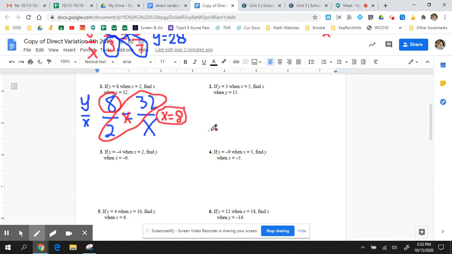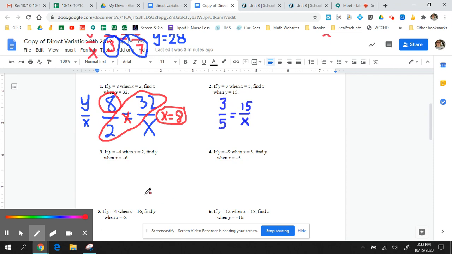Let's look at the next one, number 2. It says if y equals 3, remember y is on the top of our fraction, when x equals 5, find x when y is 15. Try multiplying this out and see if your answer matches mine.